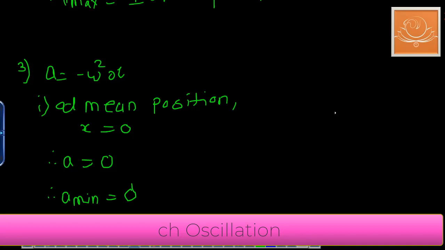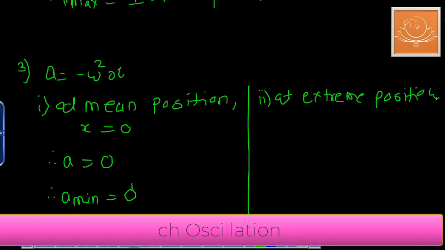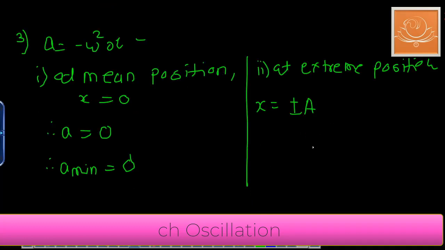And at extreme position, see, second, at extreme position, x equals plus or minus a. Now substitute this value in this equation, we get acceleration equal to minus omega square into plus or minus a.